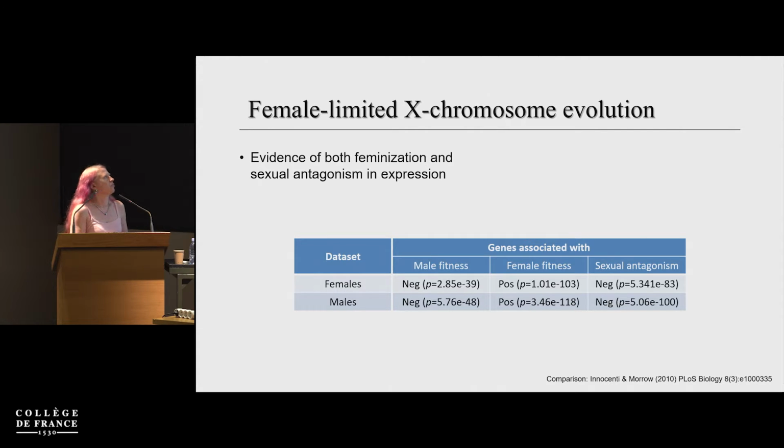Things that were associated with male fitness were generally down-regulated in females after our experimental evolution, and things that were associated with female fitness were upregulated. And the same in males. For the sexual antagonism parameter, if it's positive, it means that it's good for males and bad for females, and if it's negative, it means that it's good for females and bad for males. So this is consistent with change in expression of genes that were good for females and bad for males.